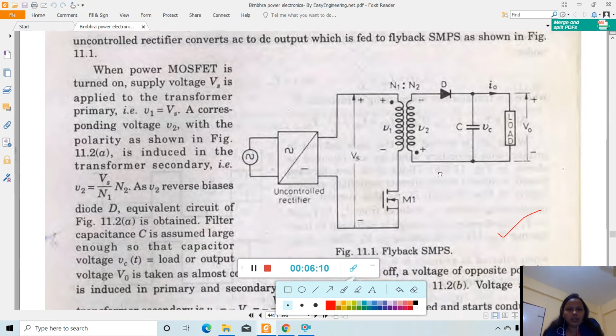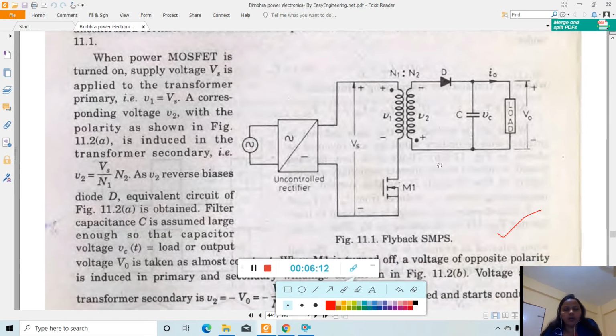What is the working principle of this circuit? When the power MOSFET is turned on, the supply voltage Vs is applied to the transformer. When this is on, the circuit is closed by this switch, so the supply Vs appears across the transformer primary, so V1 is equal to Vs. A corresponding voltage V2 is induced with the polarity as shown in this figure.